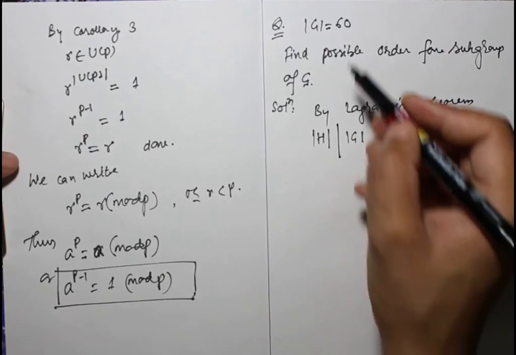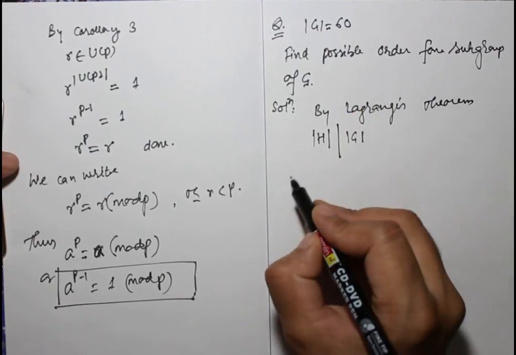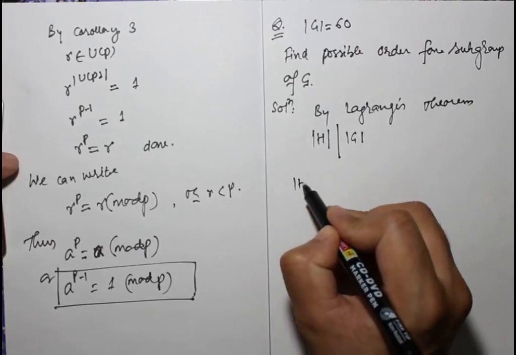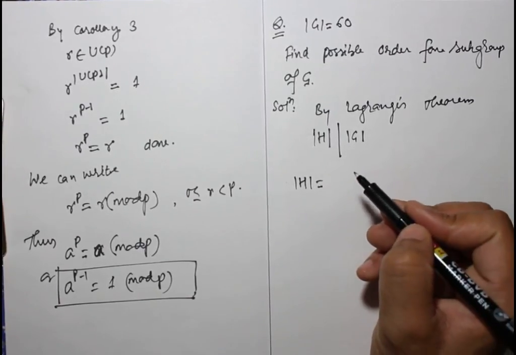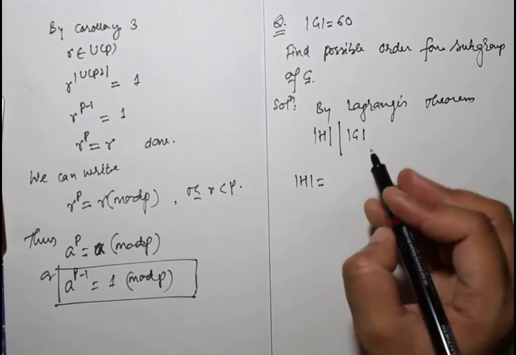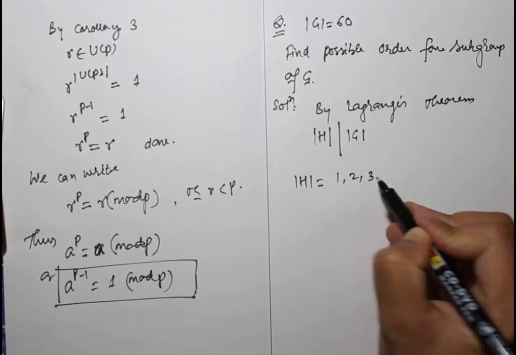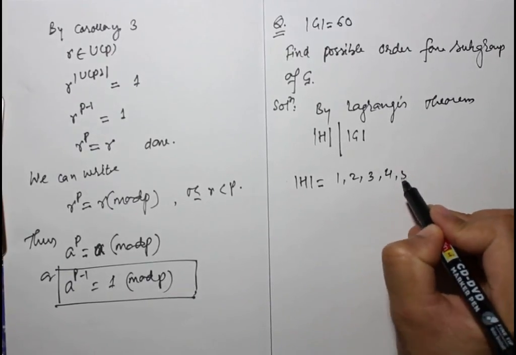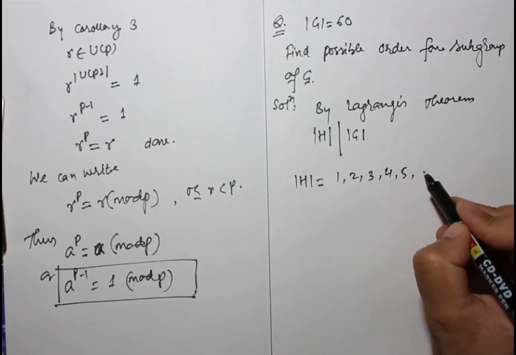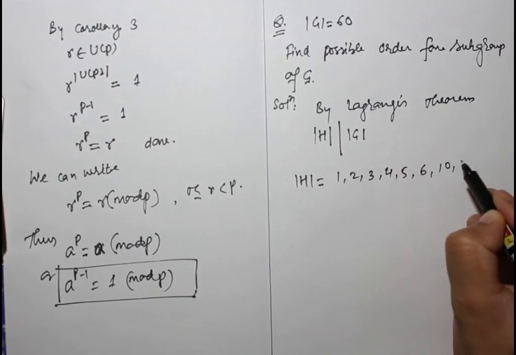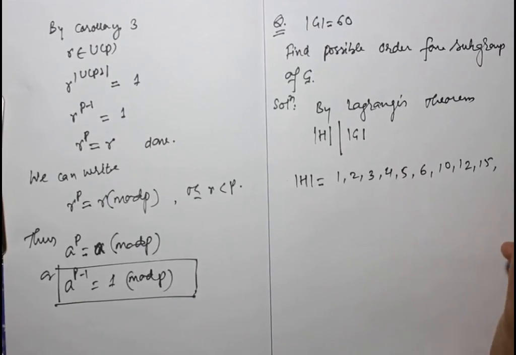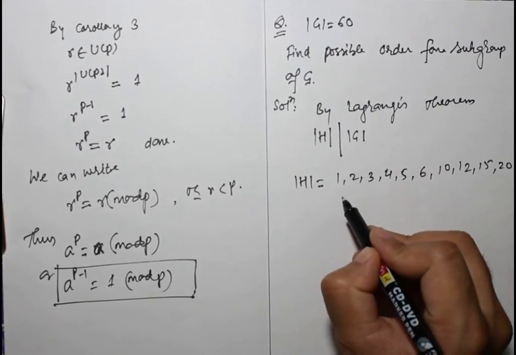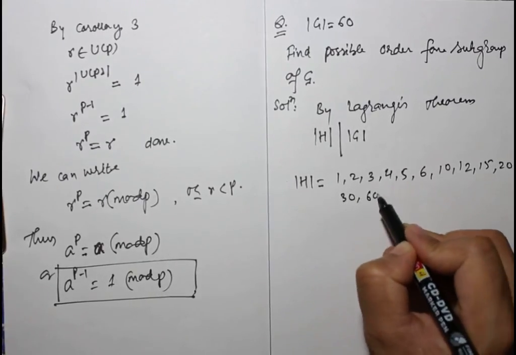We have to find divisor of 60, that is possible order of S equals to 1, 2, 3, 4, 5, 6, 10, 12, 15, 16.